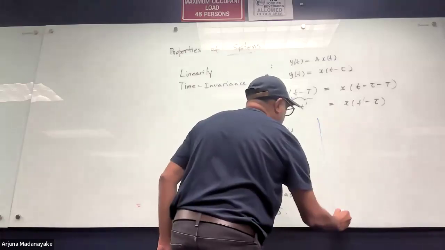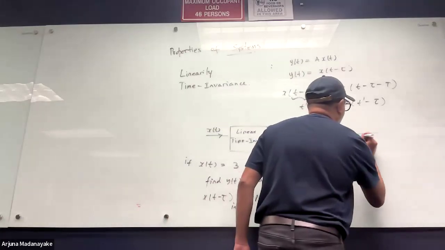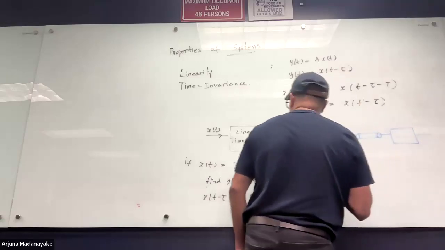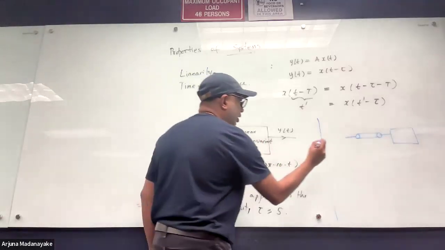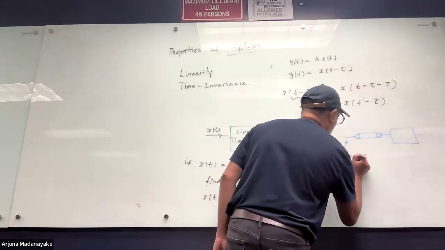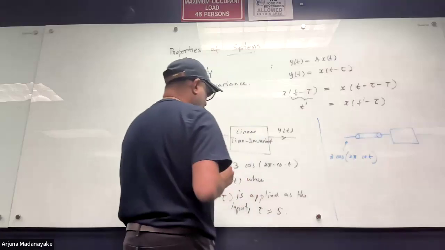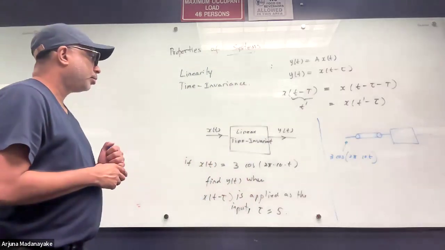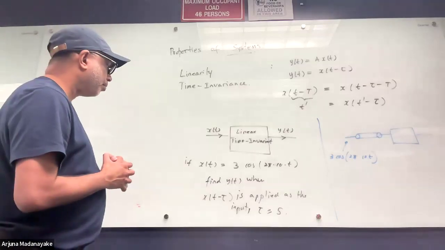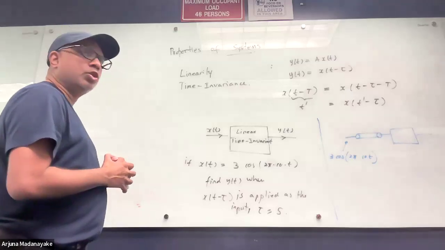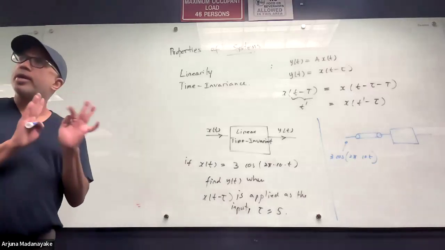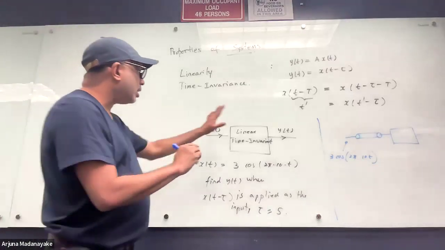My input is applied here, 3 cos 2 pi 10t, and I'm asking what the output y is. The only thing that happened is we don't know what the gain is, we don't know what the internal delay is, we don't know anything. The only thing we know is that it's linear and time invariant.